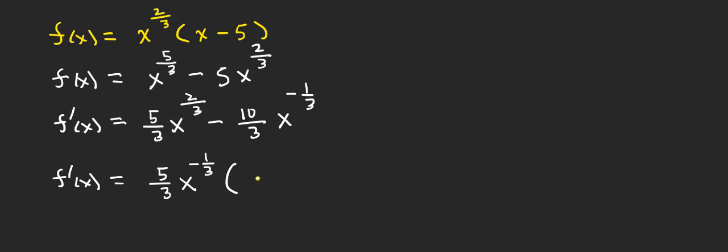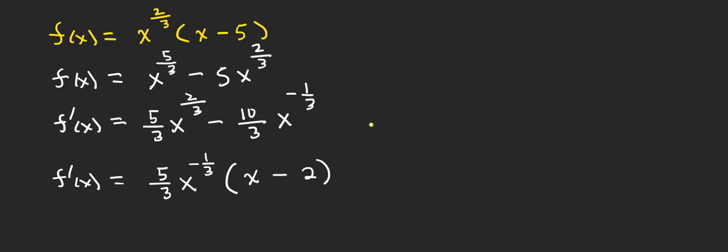So this times what will give you that? It's going to be x. Check it out. This times x will be 5 over 3 x to the 2/3 minus 2. Okay, this times negative 2 will give you this term right here.